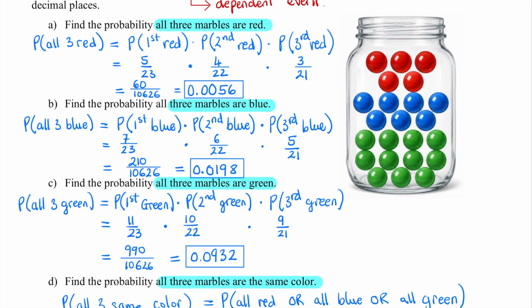After the first draw, one of the non-green marble is removed. It doesn't matter red or blue, just one of them. Now, there are 11 non-green marbles left out of a total of 22 marbles. To find the probability that the second marble is not green, we take 11 divided by 22.